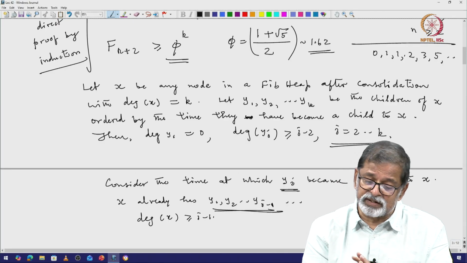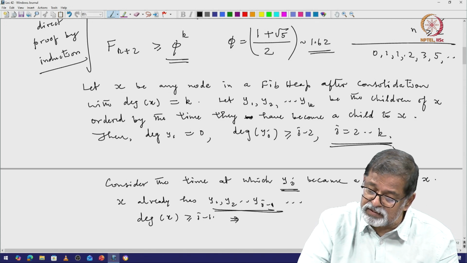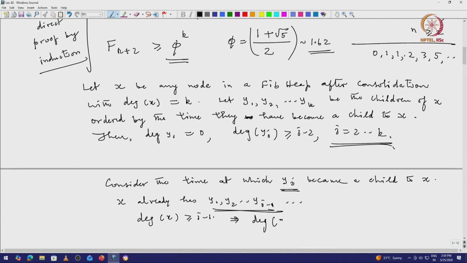Definitely degree of x is at least i minus 1, implying that degree of yi is greater than or equal to i minus 1. It is still in the tree. It is not yet cut. It might have lost one child. When you lose one child, you simply mark it. You do not cut it. It will remain as a child of x.